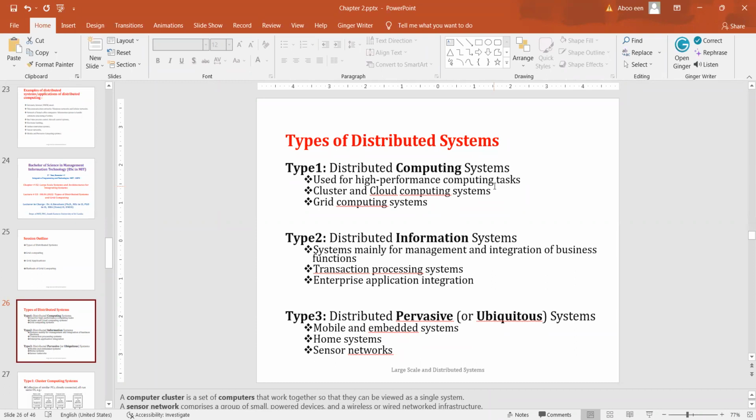Those systems work on a daily basis, handling data and information to provide processed data to the next level, like the managerial or strategic level.